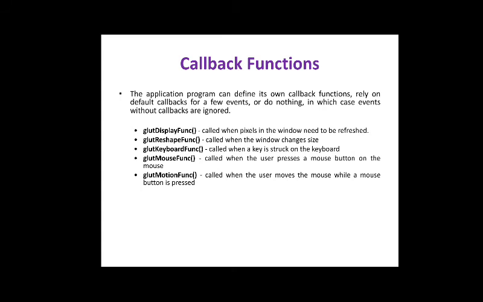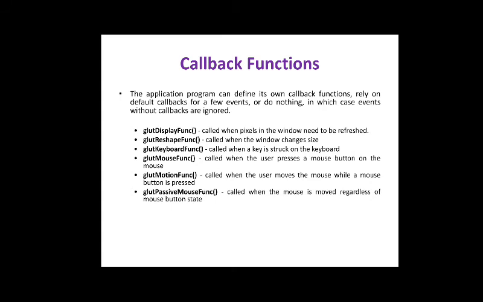Then there is the motion function. When the user moves the mouse while a mouse button is pressed, meaning I am pressing the button and moving the mouse also, at that time I have to use the motion function. The next one is the passive mouse function. This is called when the mouse is moved regardless of mouse button state.